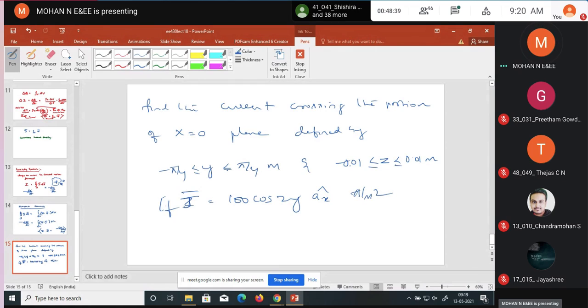So the cross section is nothing but the x equal to 0 plane.